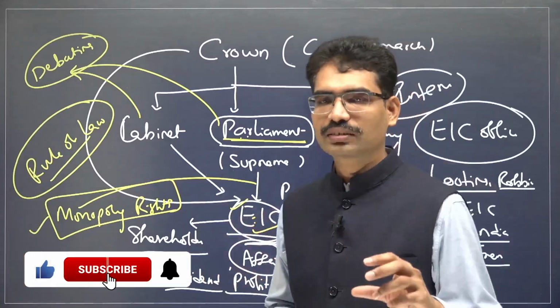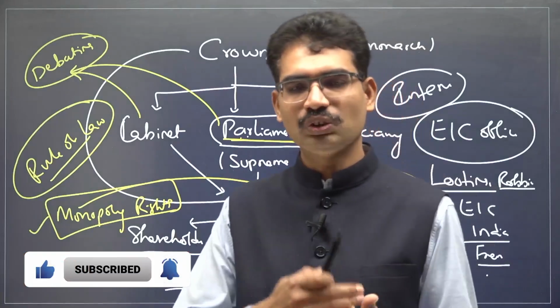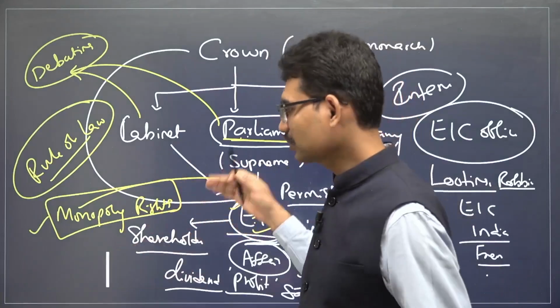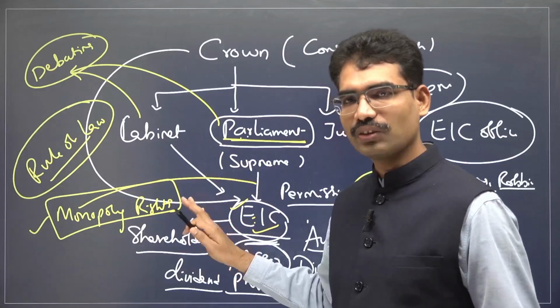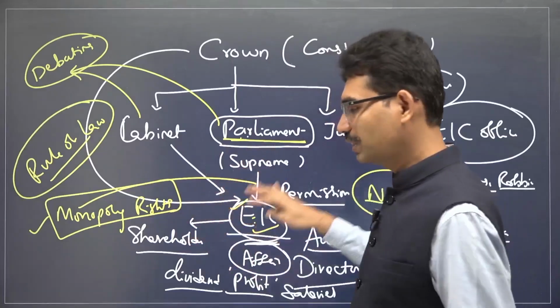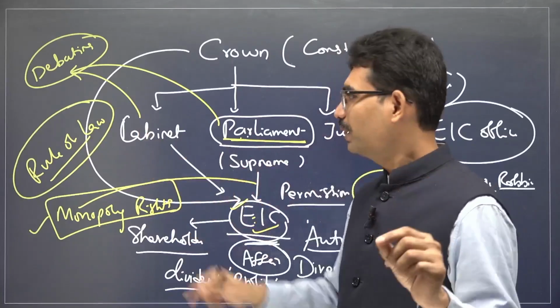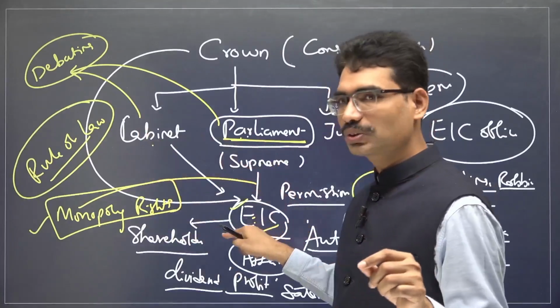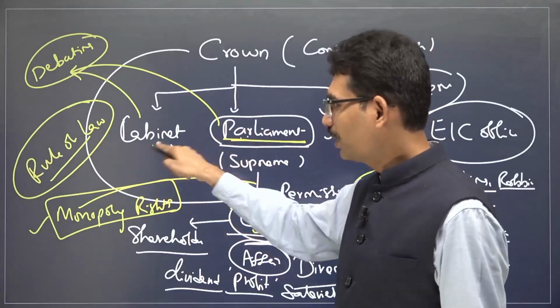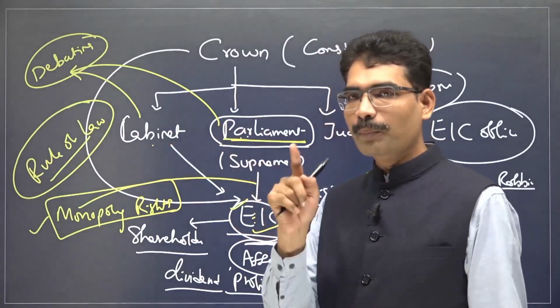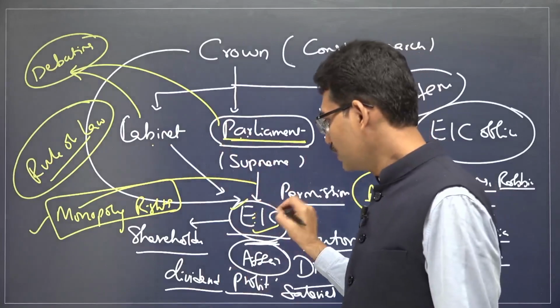Now, generally, people should feel that it should collapse. Bank of England should not give the loan to East India Company because of these challenges. But Parliament and Cabinet saw this as an opportunity: we will give the loan provided you listen to what we say.